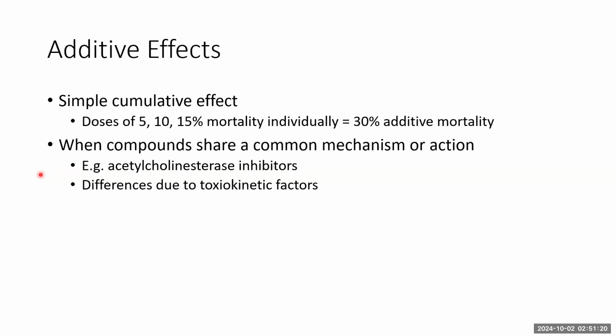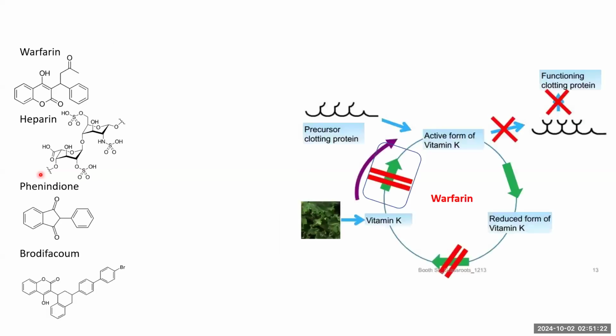All right, so one example of places where that works is in our vitamin K clotting cycle. There are a number of compounds that can interfere with our vitamin K and blood clotting cycle.